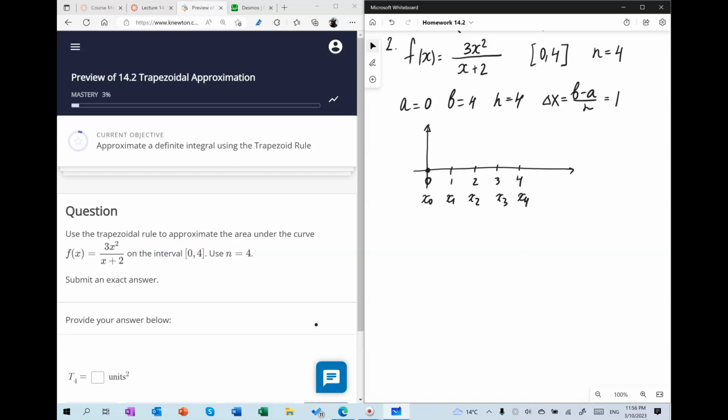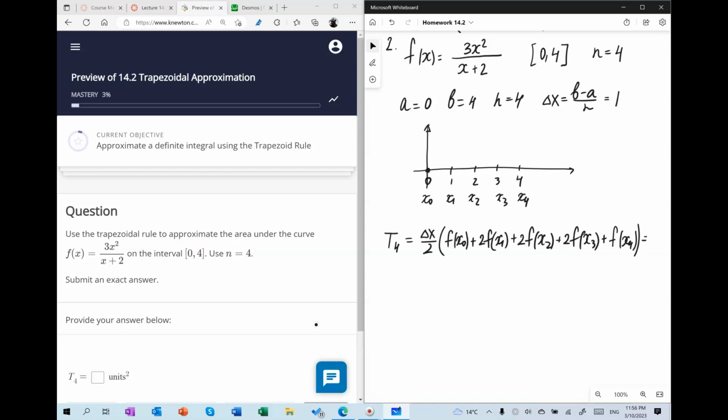And we're setting up T4. So T4 will be half of delta x times f of x0 plus 2 f of x1 plus 2 f of x2 plus 2 f of x3 plus f of x4.